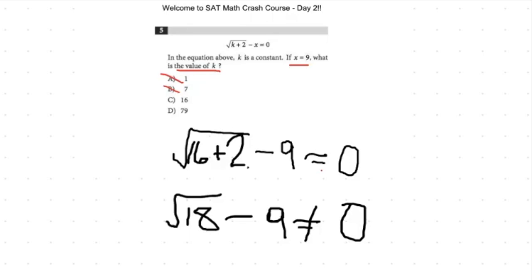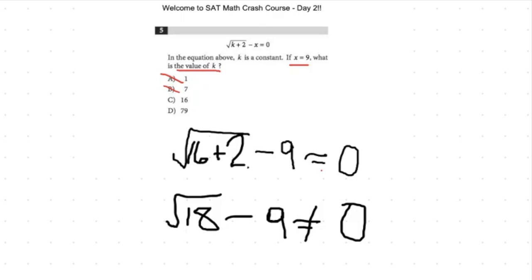So the square root of 18 is going to be something between 4 and 5, but it's not going to be 9. The square root of what number gives you 9? Not 18. 81. Square root of 81 is 9, not 18. Does that make sense, Juliana? Okay, be careful there.